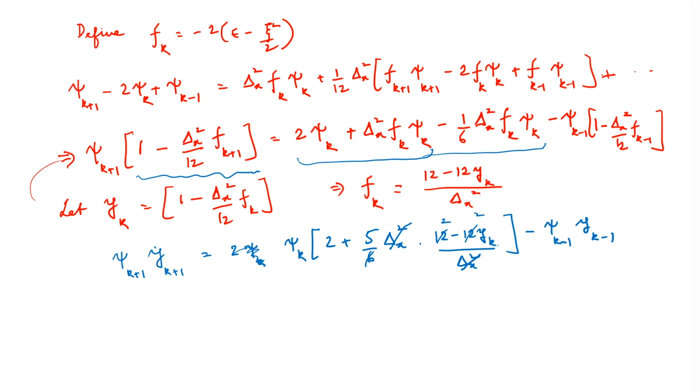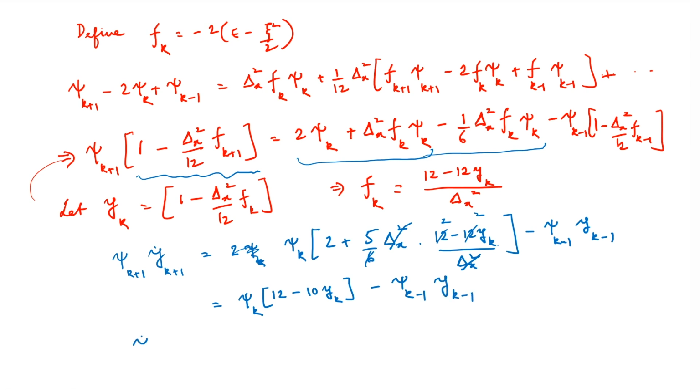So, what I will get is, the right hand side becomes psi k into 12 minus 10 y k, so 5 into 2 is 10 plus 2 is 12, and then minus 5 into 2 is 10 y k, minus psi k minus 1 y k minus 1.